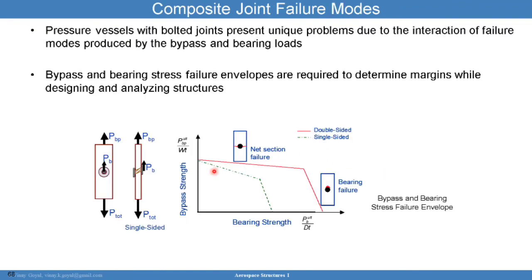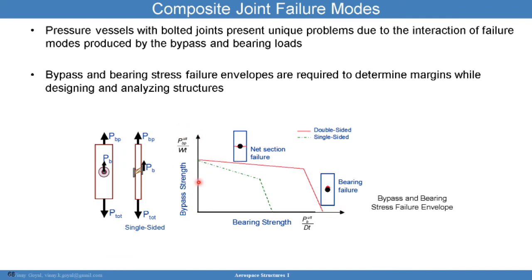In those scenarios, the failure is going to follow an envelope where the failure mechanism is a net section failure mode, where you have a failure perpendicular to the loading direction. And that really occurs when you have low bearing stress.